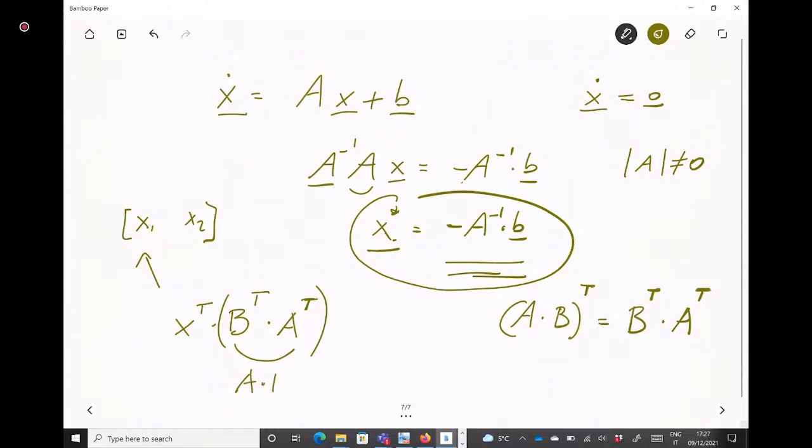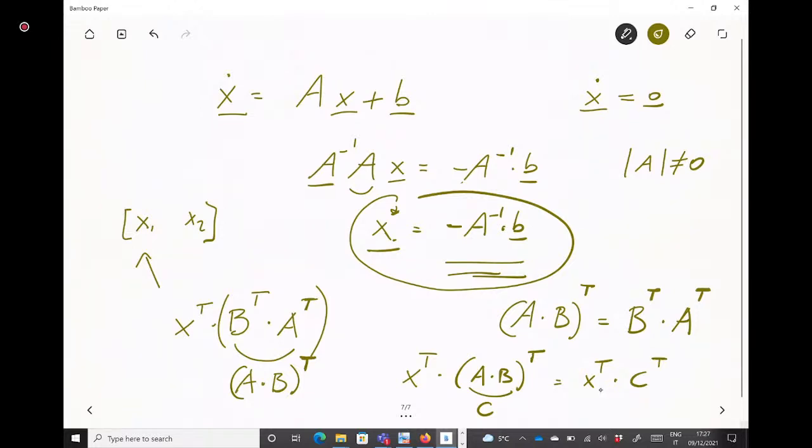A times B transposed. Okay? Clear? But also now we know that what we want to compute is x transpose times A times B transpose. This is the product of two matrices. I can call it C. So it is equal to x transpose times C transpose.